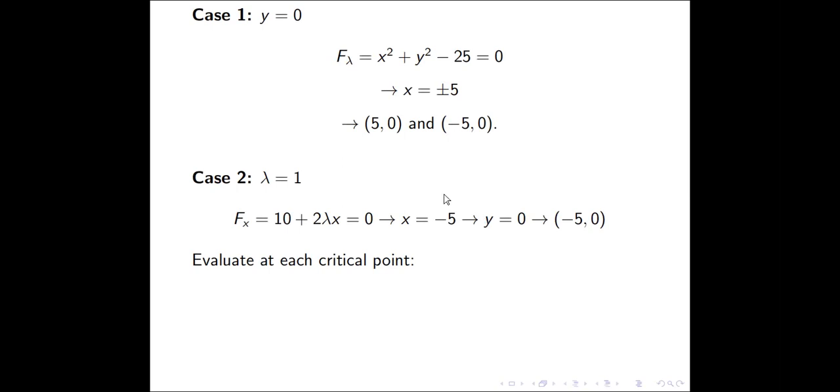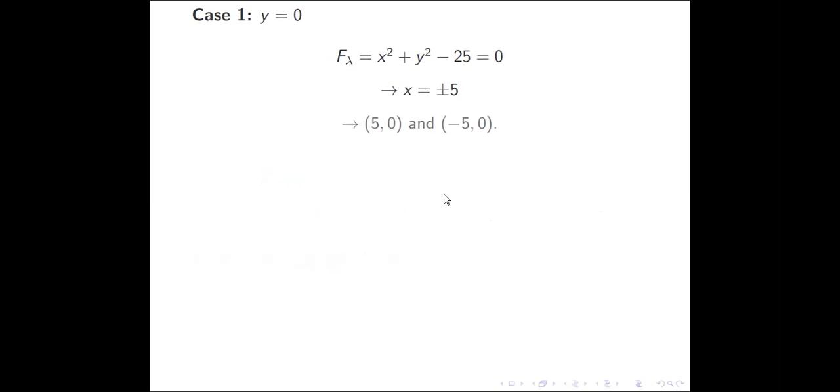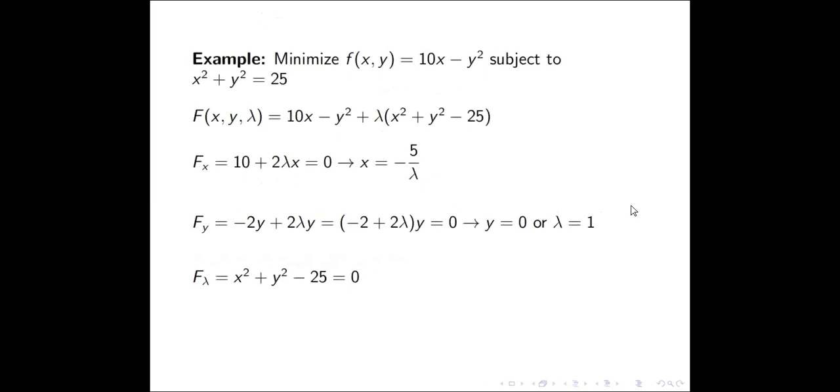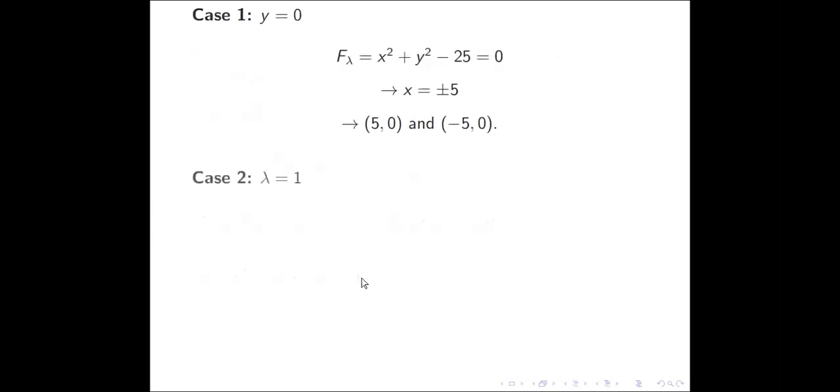All right, if you got confused, let me go back. We have lambda equals 1 again. If you plug in lambda equals 1 here, x is negative 5. And if you plug in negative 5 here, negative 5 squared is 25 minus 25, so y squared equals 0. So you'll be getting y equals 0. You get the same critical point, so no additional critical point was gotten.